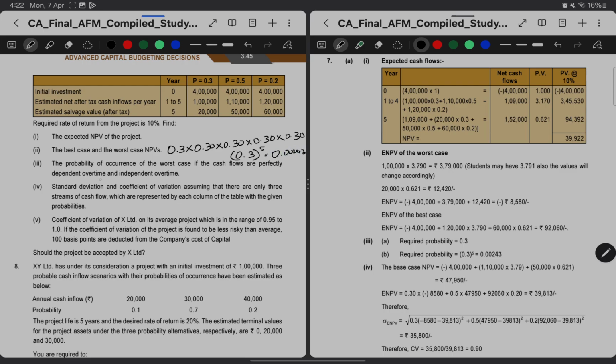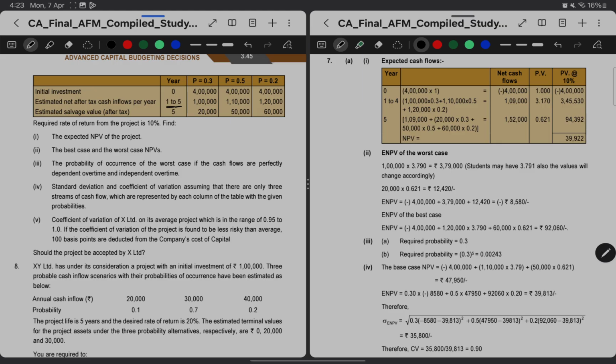That is the probability of occurrence of the worst case if the cash flows are independent over time. If it is dependent over time, the probability will be the same for all the years, there won't be any change. And if it is independent, then we have to multiply the probability with itself for the number of periods. In our case it is 5.